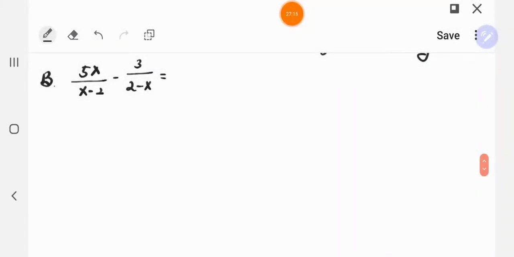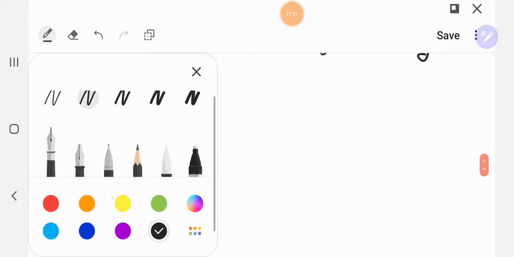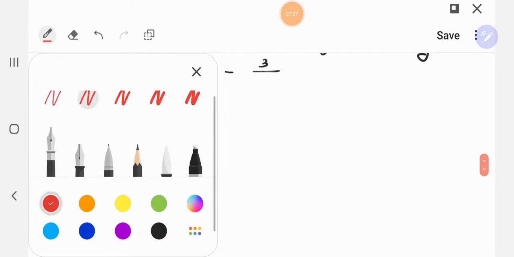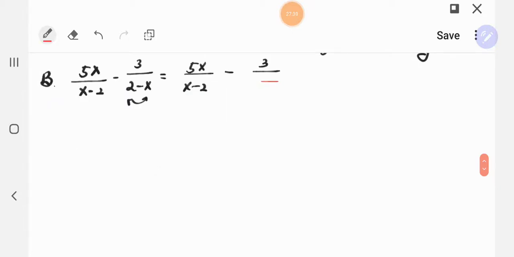Okay, try this letter B. All right, the LCD. Let's rewrite the denominators because one denominator is x minus 2 and the other one is 2 minus x. So why don't we switch these two? x minus 2, and then put the negative sign outside.